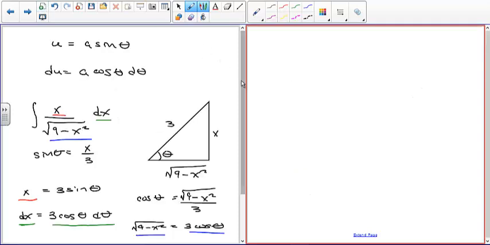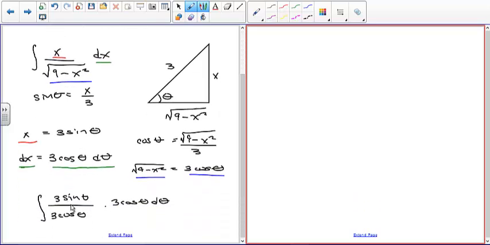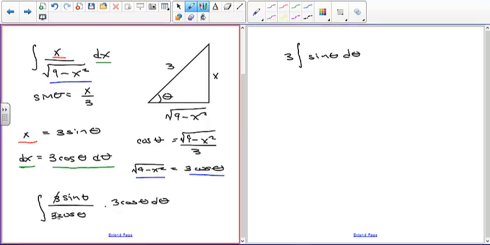Then I simplify. You can see the cosines cancel out, the 3's cancel out. So this 3 is still there, this cancels out with that, that cancels out with that. So I get 3 sine theta d theta.